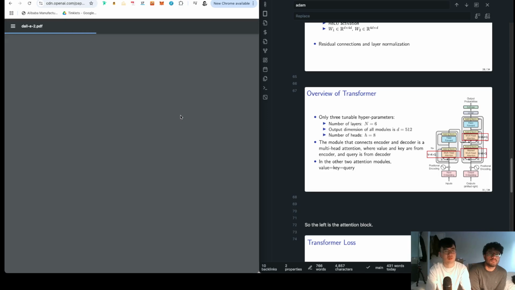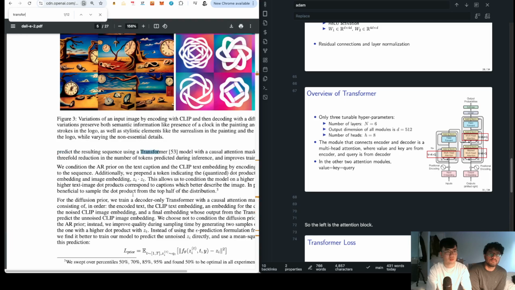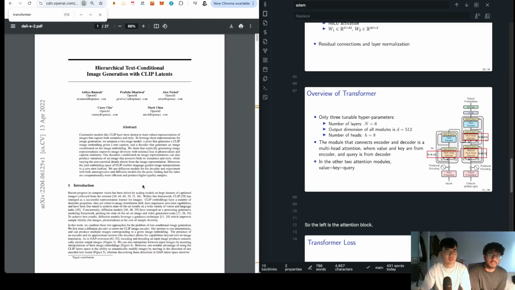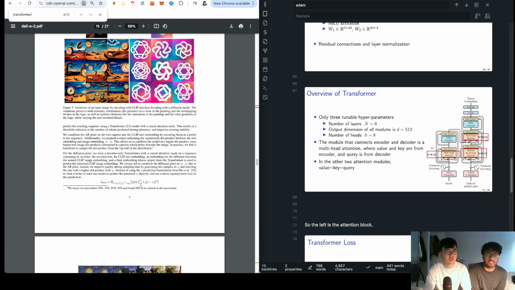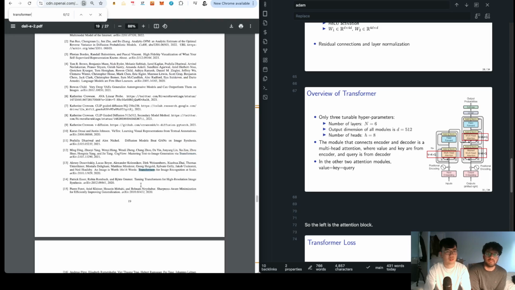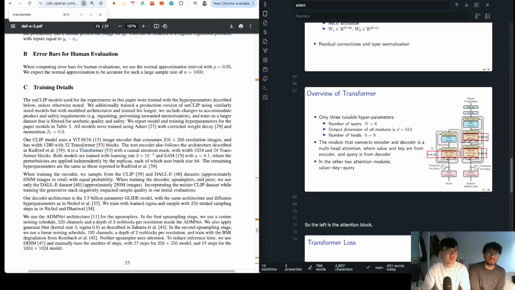DALI 2. Yeah. And then transformer. So they have both. No, that's from the related work section though. That's in the related work section, right? Or that method? No, you're right. Never mind. Training details. It is a transformer. Why did they capitalize transformer? Back when transformer was not.